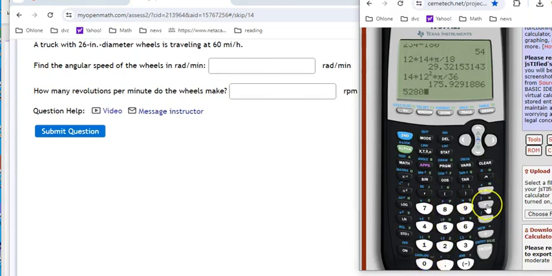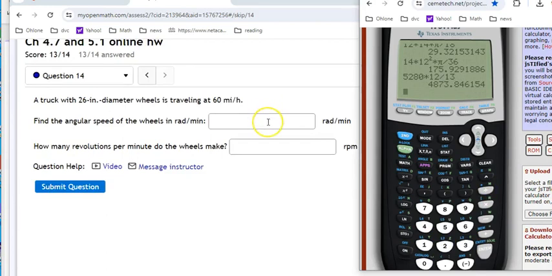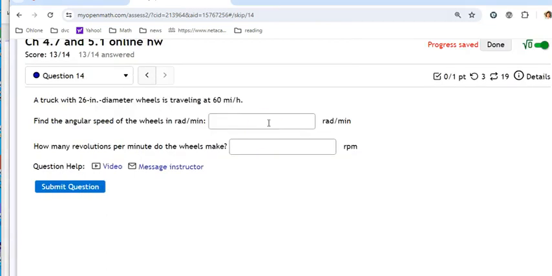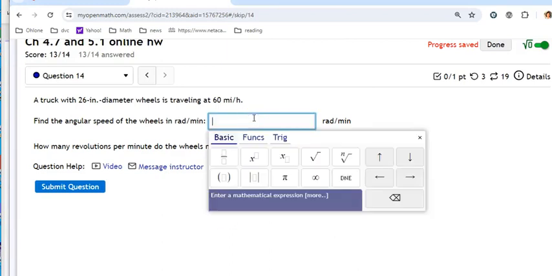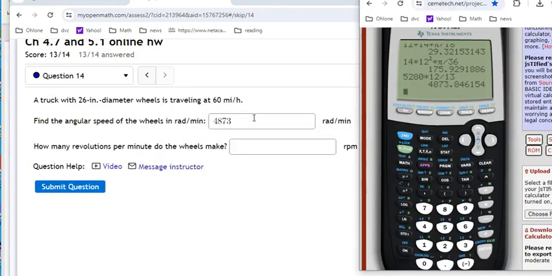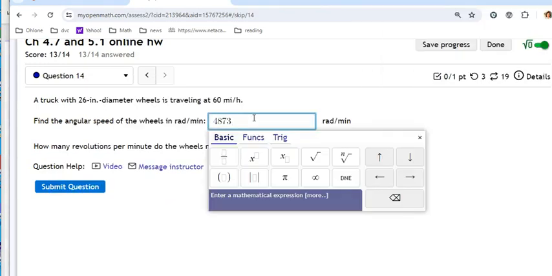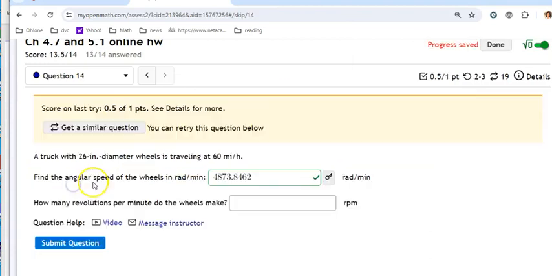5280 times 12 over 13. 4873.8462 radians per minute.